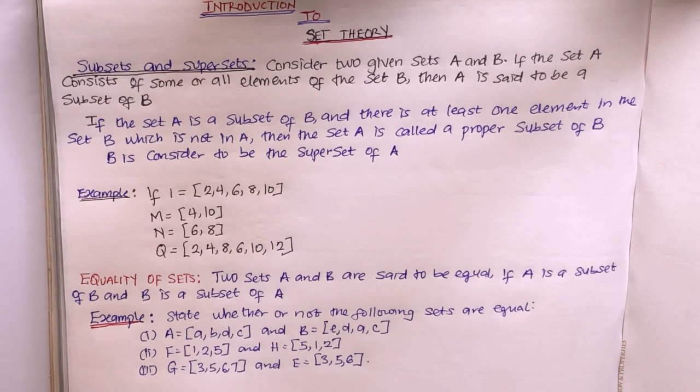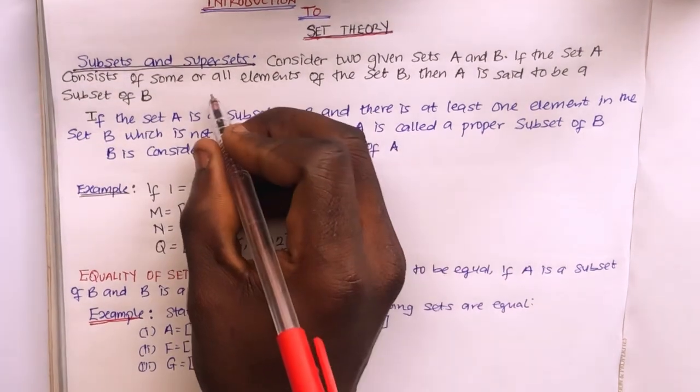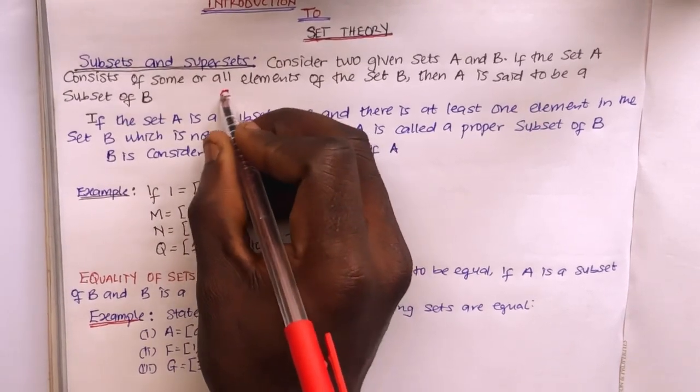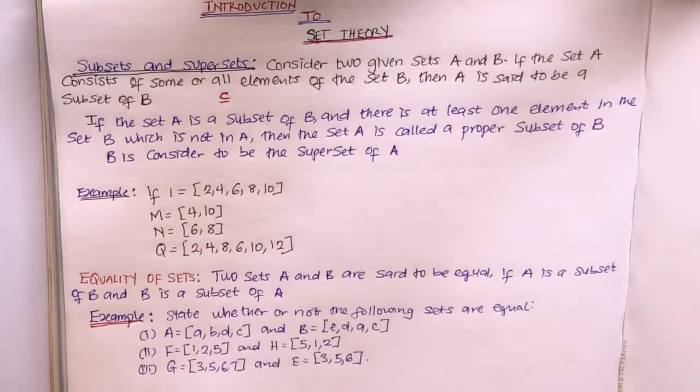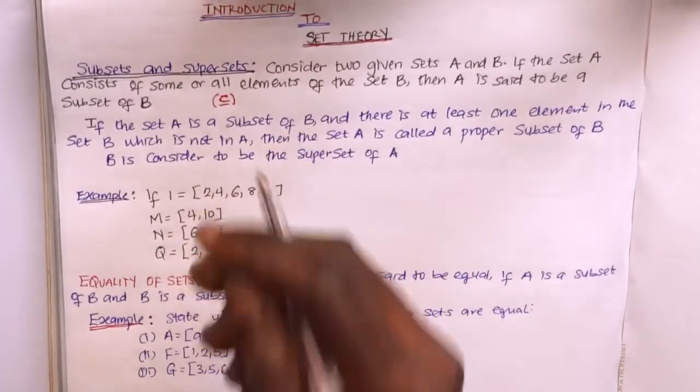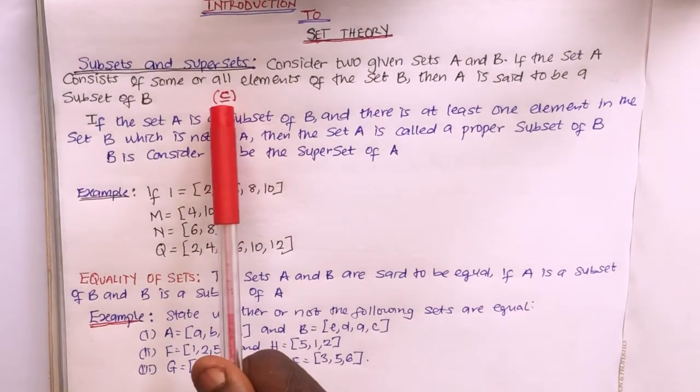Now we have females in set A, and we have males and females in set B. If you look at this now, we can find that set B contains all elements in A. That means our set A is said to be a subset of B. And subset is normally denoted with a sign like this. Can you see it now? So this sign represents a set, and it is called set notation. So this is the notation for subset.